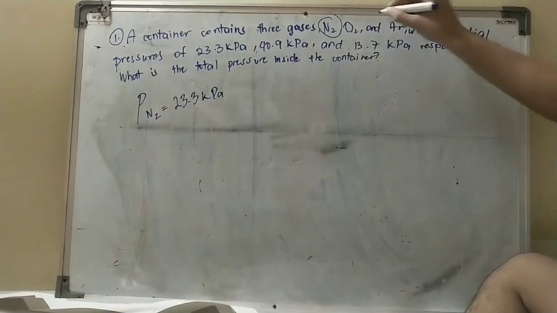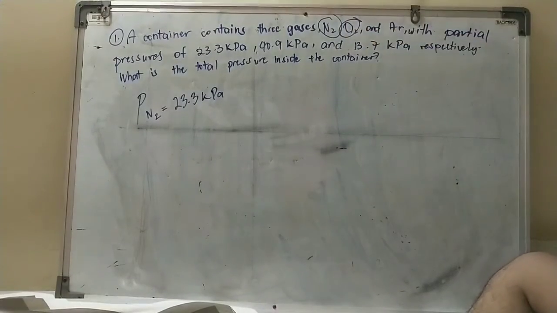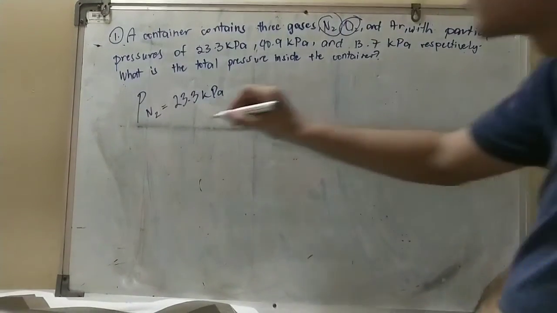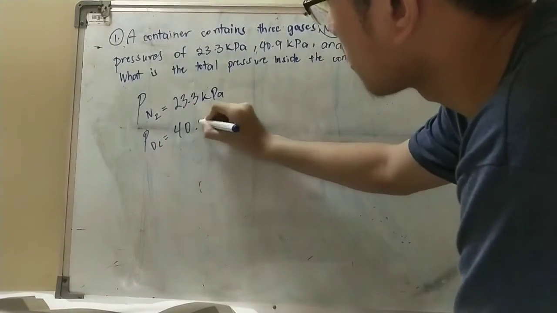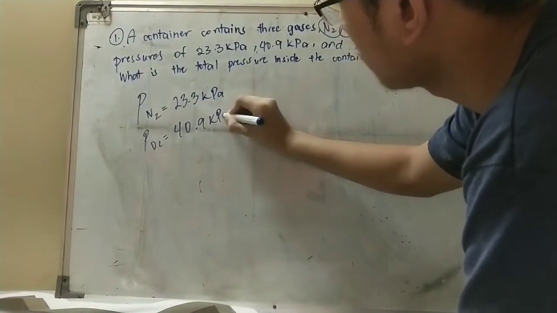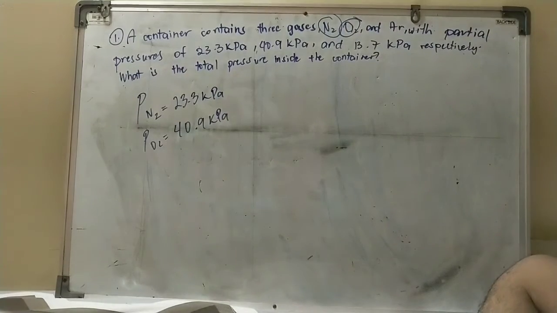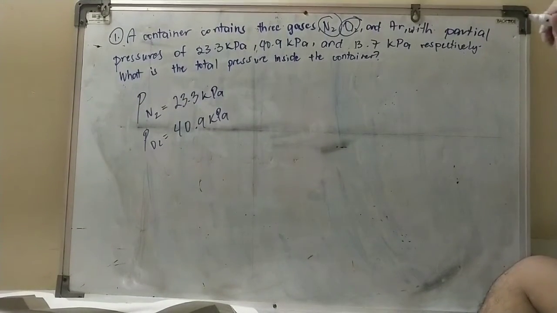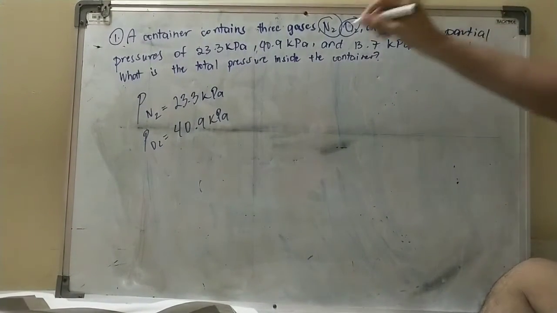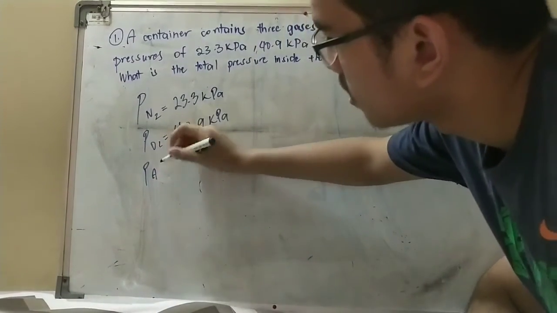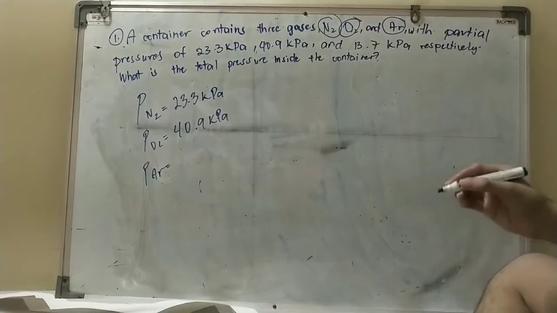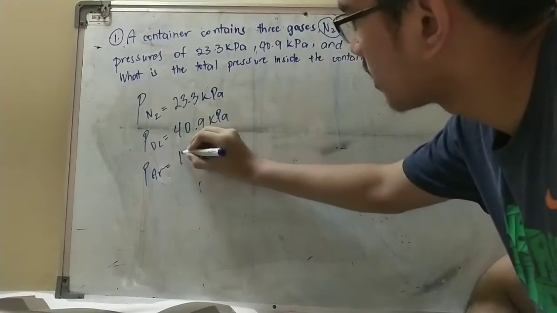The next thing that I see is the partial pressure of oxygen, which is 40.9 kPa. And the last partial pressure I see is the partial pressure of argon, which is 13.7 kPa.